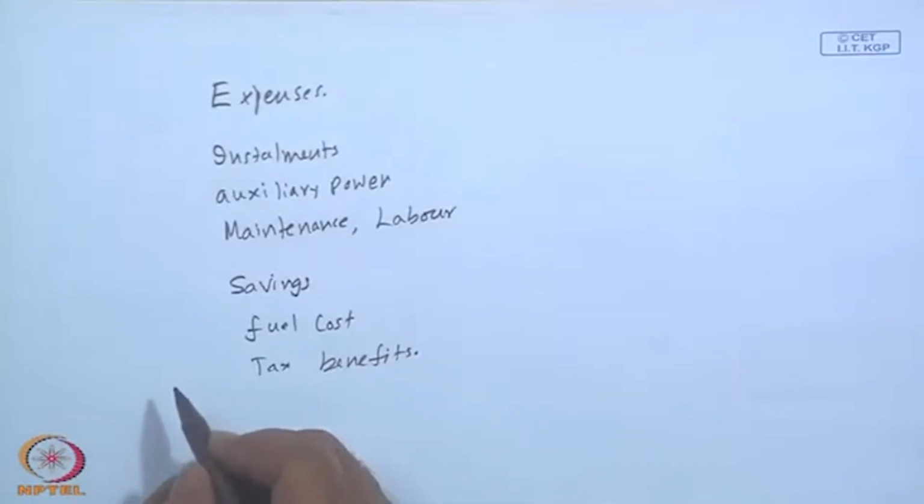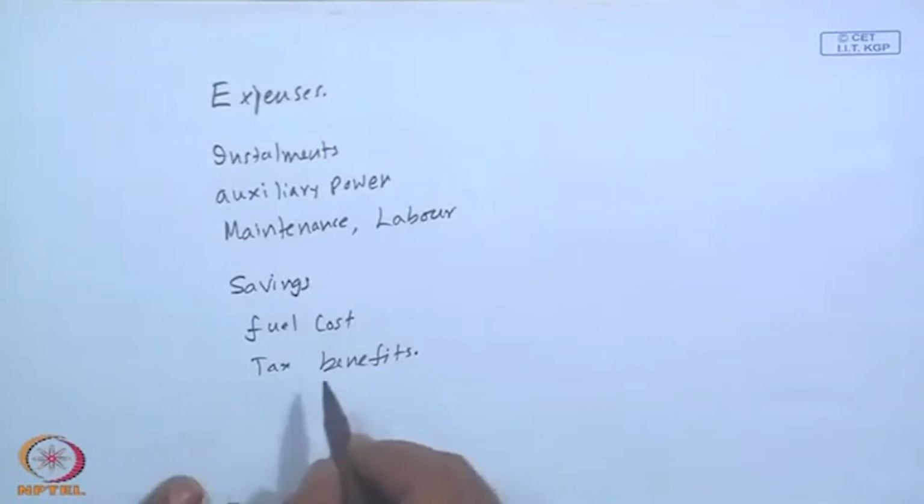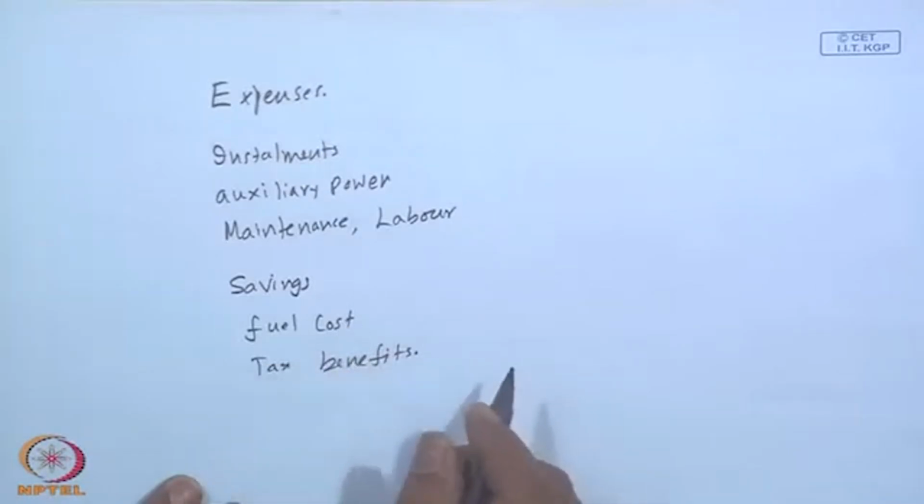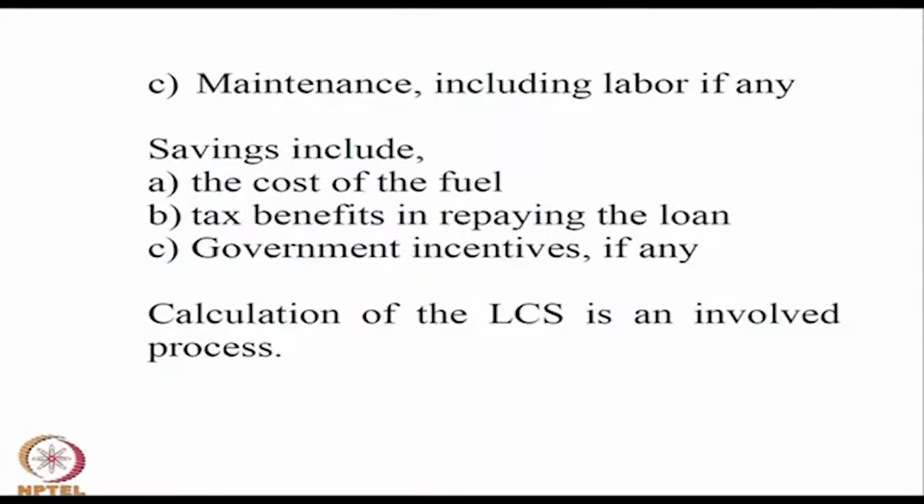There are tax benefits given by the government in various countries, and then government incentives, if any. In other words, there may be a subsidy, and there may be additional benefits by the government if you install a solar energy system and do not use the conventional fuel. So, in general, the life cycle savings, as we have explained, is the amount of money that the system is going to save the earner during the lifetime of the solar energy system.